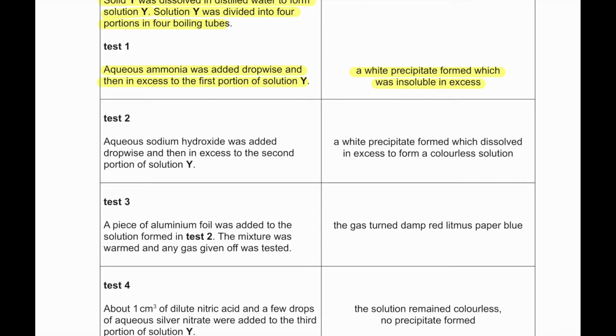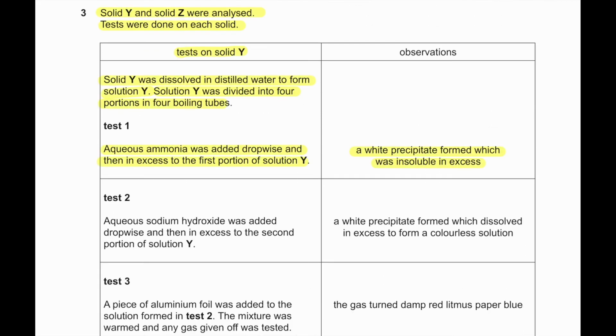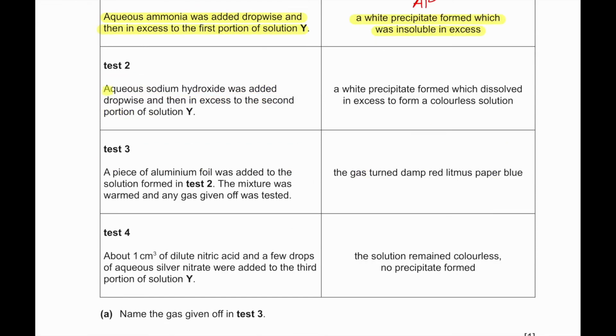So a white precipitate forms, and if it is insoluble in excess, it is usually an indication of aluminium, because calcium wouldn't precipitate with ammonia, so it is aluminium. Test 2. Aqueous sodium hydroxide was added dropwise and then in excess to the second portion of solution Y. A white precipitate formed which dissolved in excess to form a colorless solution.